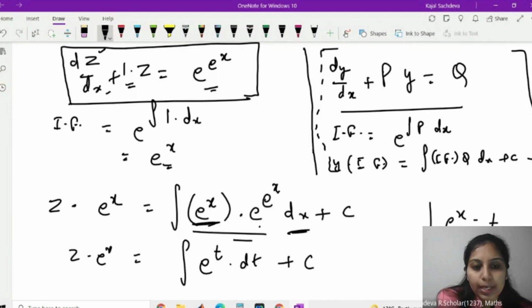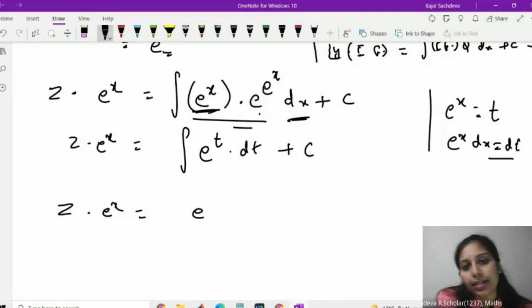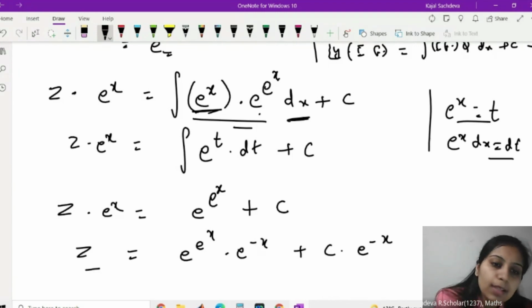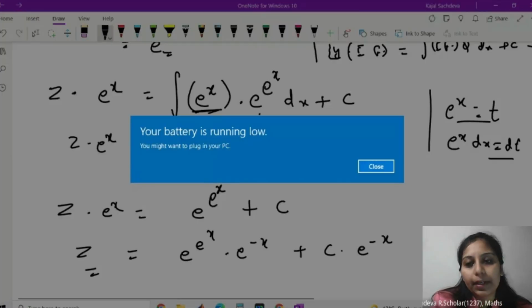So we get here z into e^x as e raised to power t, the integration of e^t is e^t, and then t is converted again to e raised to power x. So we get z is equal to e raised to power minus x plus c into e raised to power minus x. This is the value of z, but we have to find the value of y.